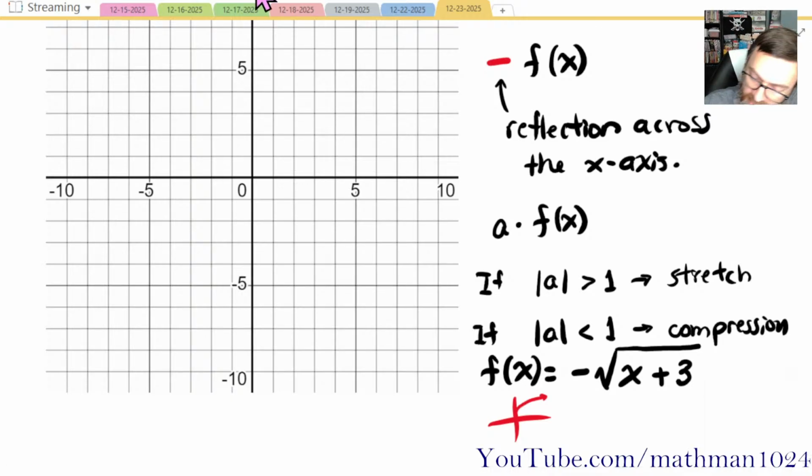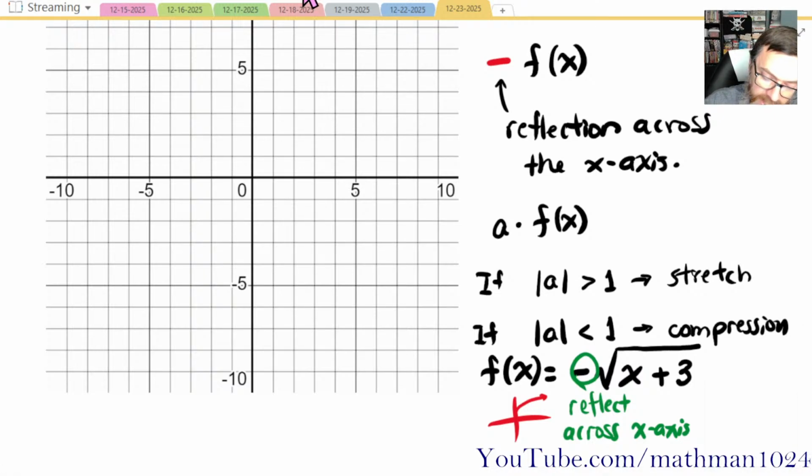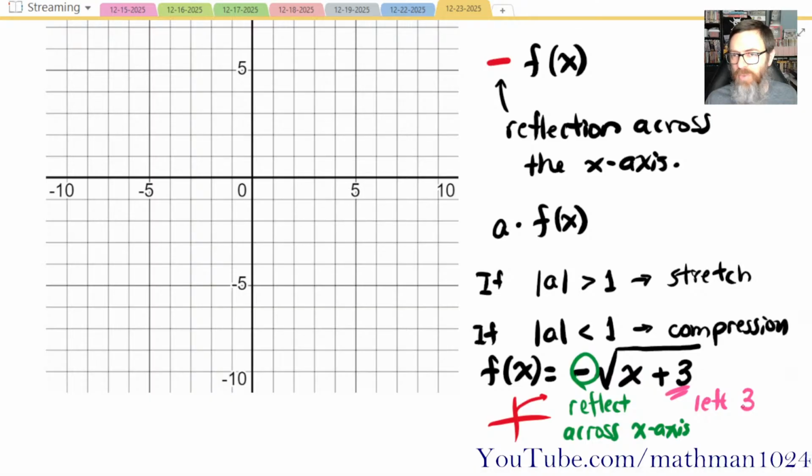The negative in front means that we reflect across the x-axis. And then the plus 3 happening on the inside tells me my horizontal shift. So I see a plus 3, so I'm going to do the opposite of that, and I'm going to go to the left 3 units. All right, so if we put all this together, let's see what we have.